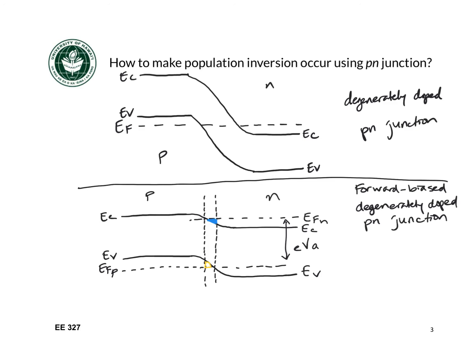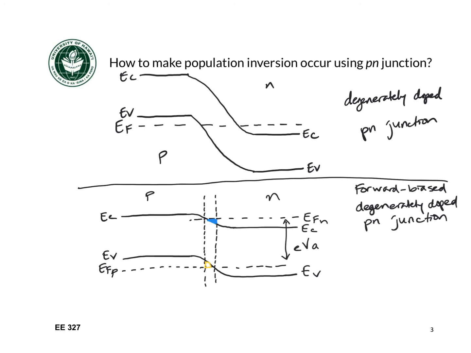And I know that there has to be some empty states there because that's above the Fermi level. So I have more electrons at a higher energy level, the conduction band, than there is at a lower energy level, the valence band. So more electrons at a higher energy level, empty states at a lower energy level. This is exactly the definition of population inversion. So by forward biasing this degenerately doped p-n junction, we are able to get population inversion.